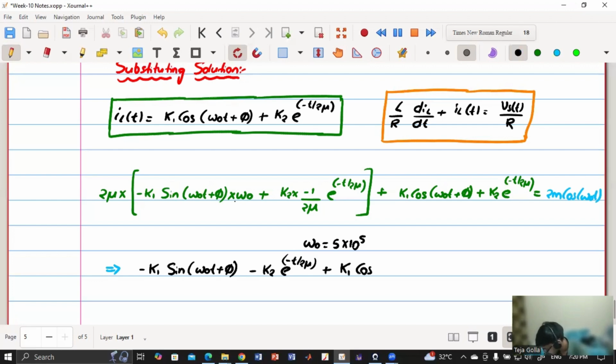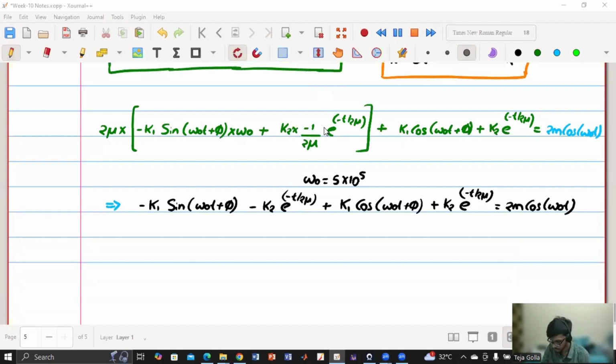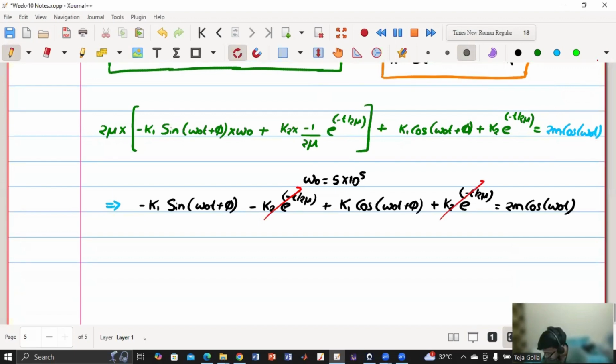Plus K1 cos omega naught t plus 5 plus K2 into e to the power minus t by 2 micro is equals to 2 milli cos omega naught t. If you see this, so if you see this will get cancelled with this.